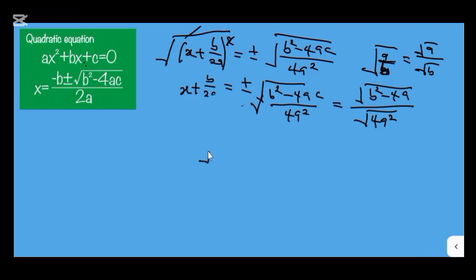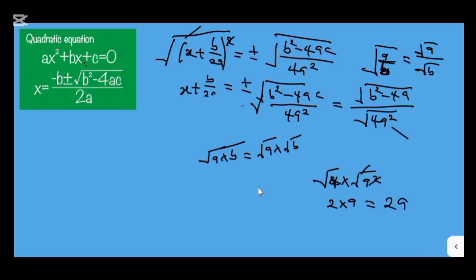This square root of a times b can also be written as the square root of a times the square root of b. It therefore means that the denominator here can be written as the square root of 4 times the square root of a square, such that this will give you 2 and this will cancel the square, giving you a. Our denominator will now turn to 2a.